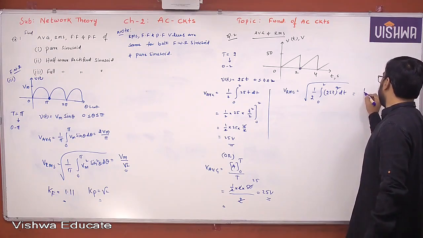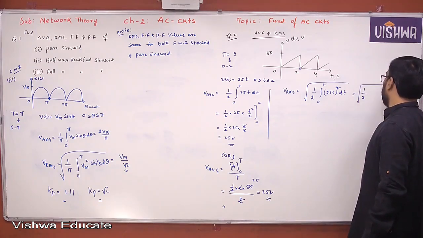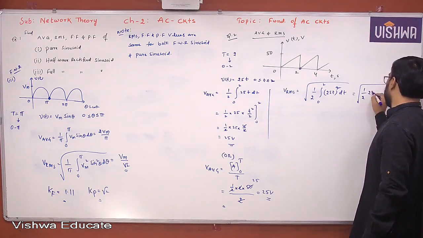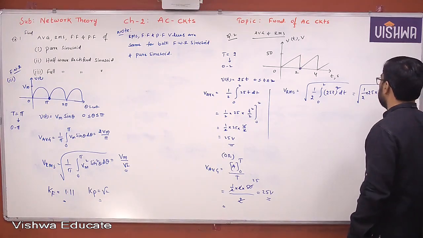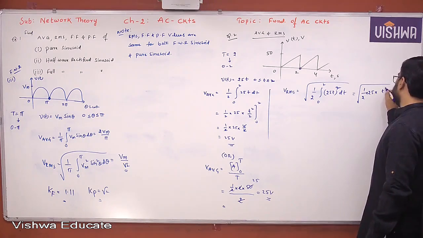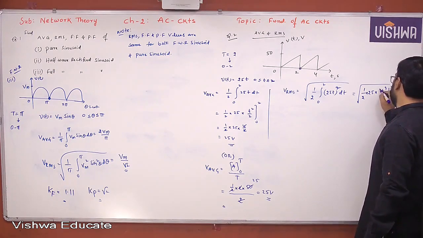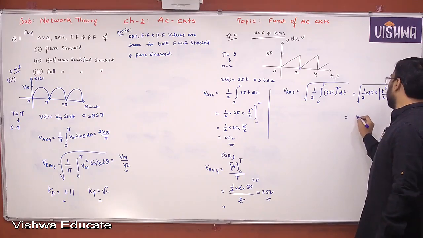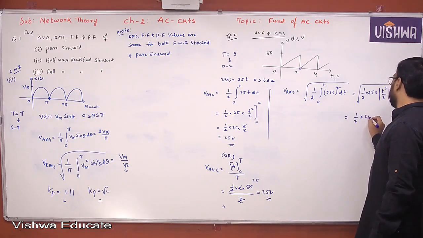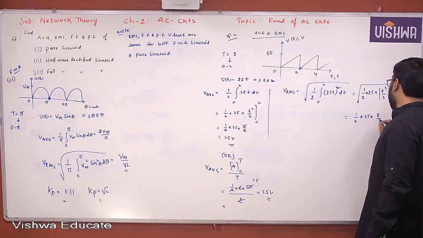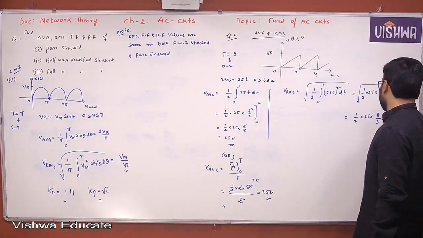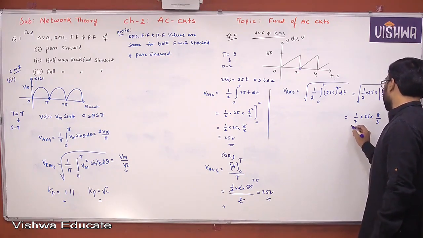You can simplify 1 by 2 root. What is that? 25 square. 25 square into t square is nothing but what? T cube by 3 over 0 to 2. Yes or no? So what do you get? 1 by 2 into 25 square into 8 by 3. Clear all of you? Okay. This is what actually you get.